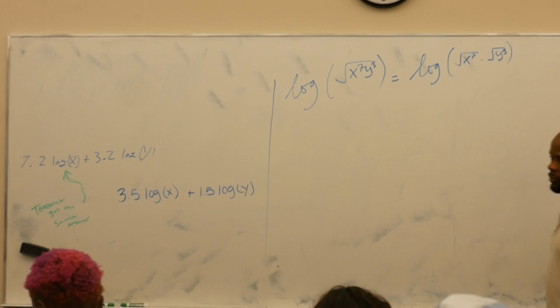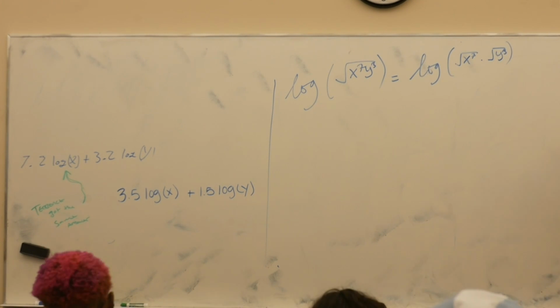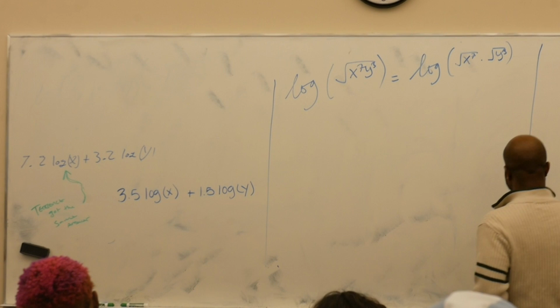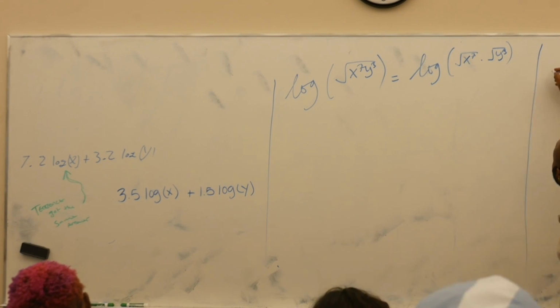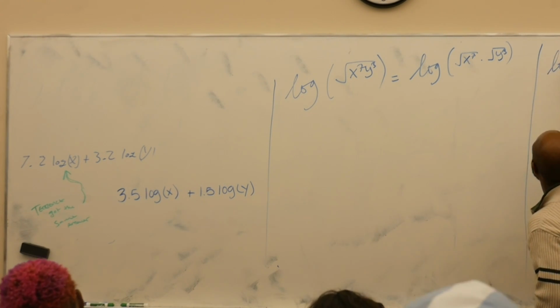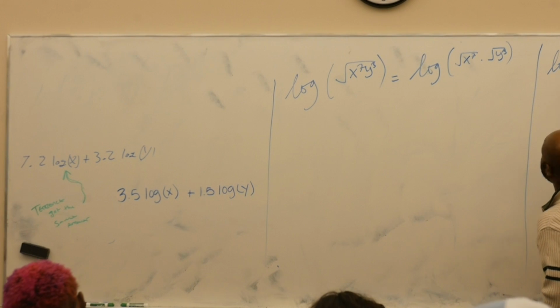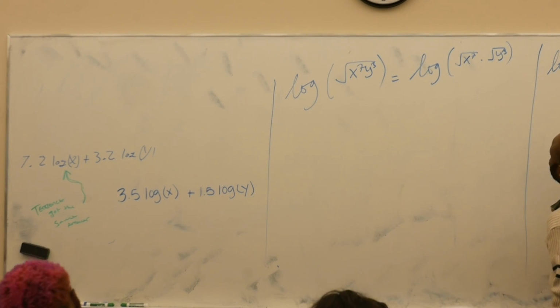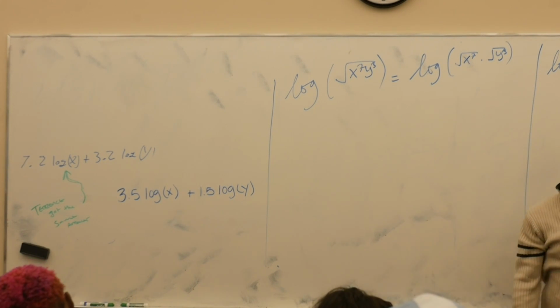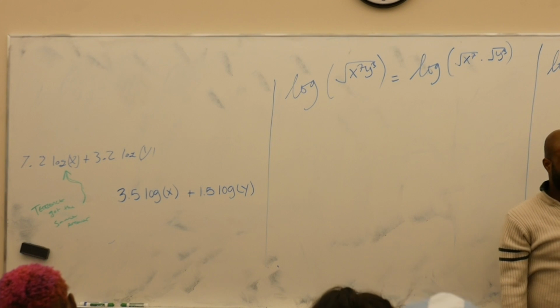That's one way of doing it. We could do it that way. So I'm going to show you two different ways, because I know some people use a different method. For step 1, some people will just have written the log of x to the 7, y to the 3rd, all to the 1/2, because the square root sign we said yesterday was a half power, right?